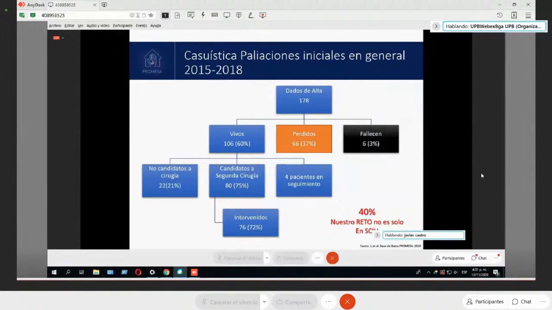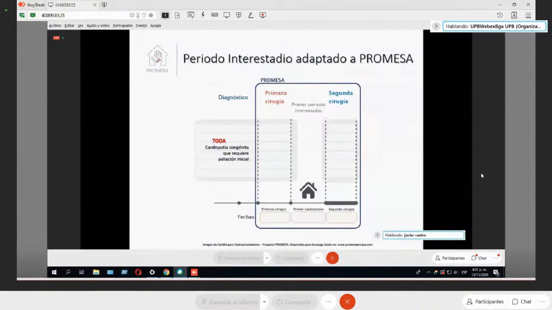They don't come back for the second surgery. That gives a little bit more stability. So our challenge is not only HLHS, but also a large number of pathologies in Colombia, but because of our limitations, we need to care about them.